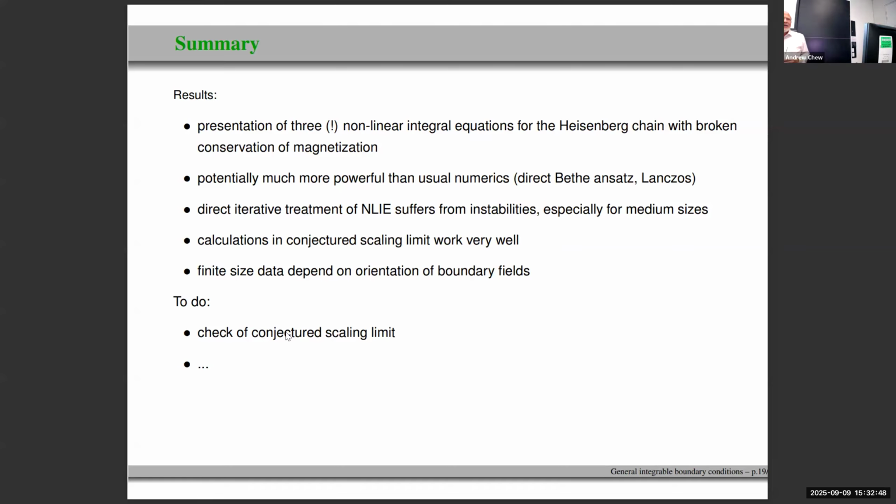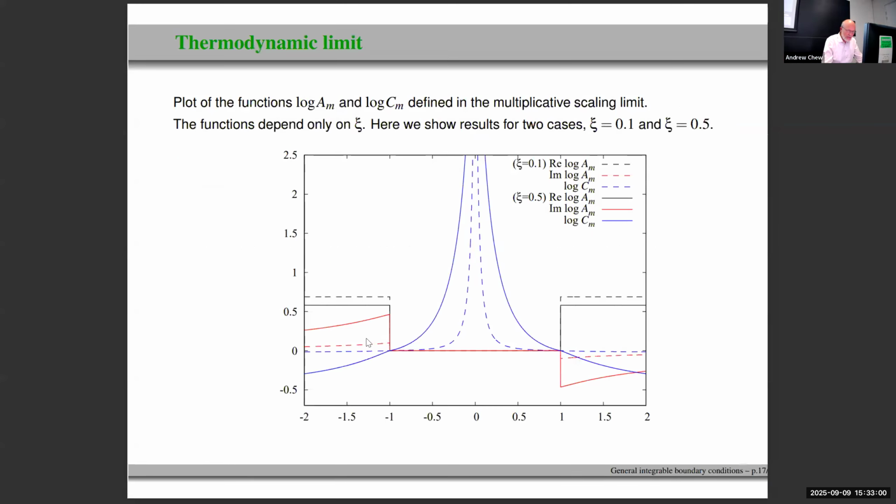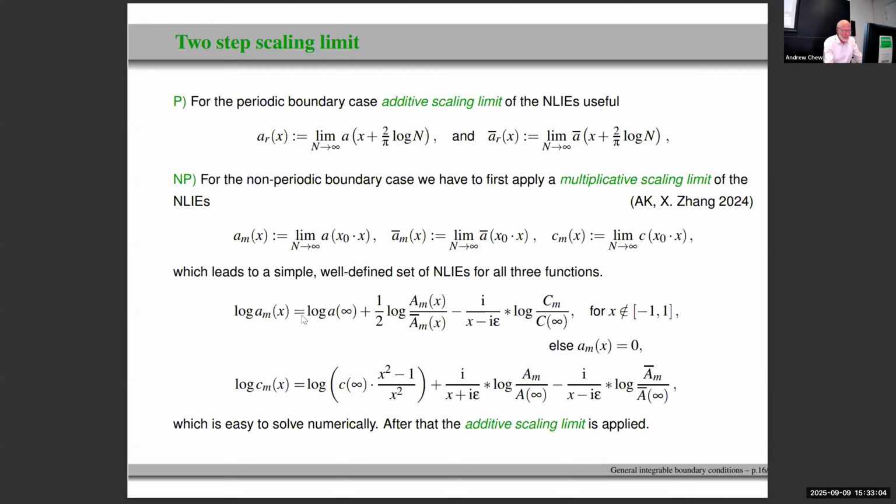Could you say a little more about the conjectured scaling limit? What the conjecture is, the calculation of the conjectural scaling limit works well. So when we do the scaling limit and look at these functions, then they have to satisfy these equations.